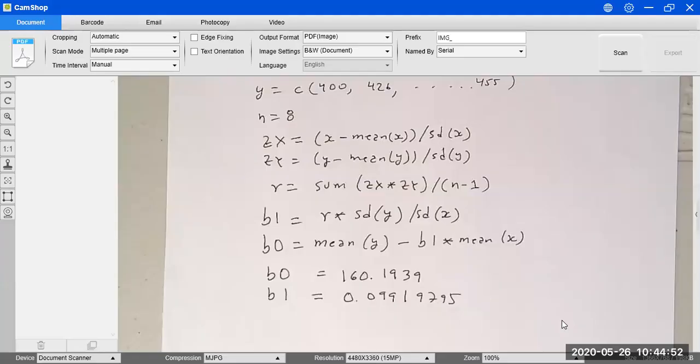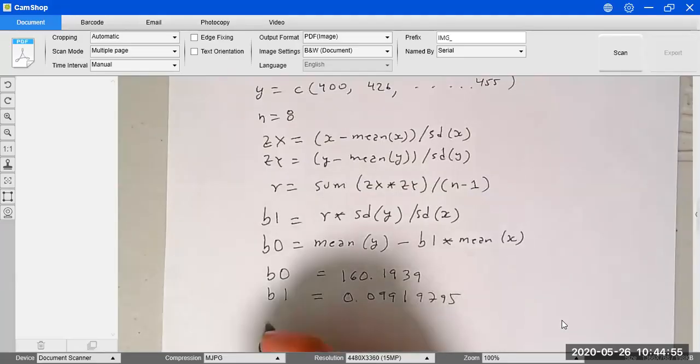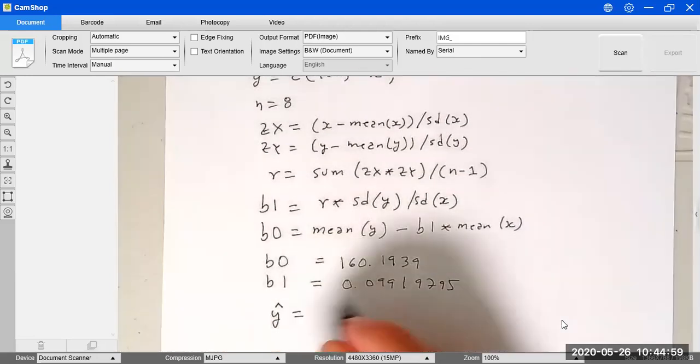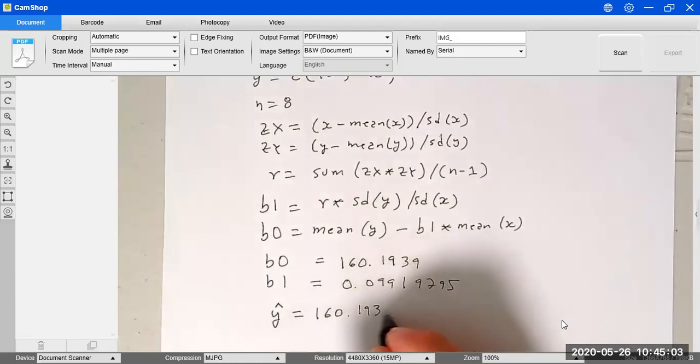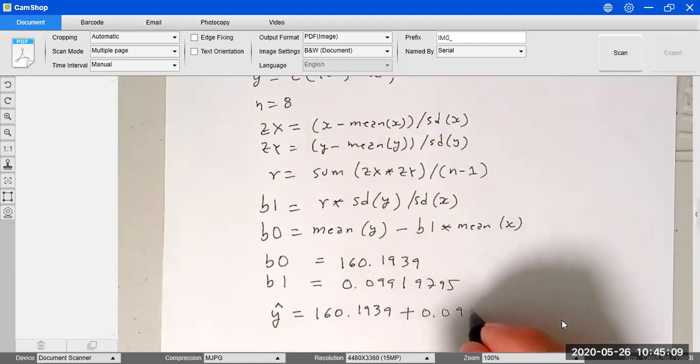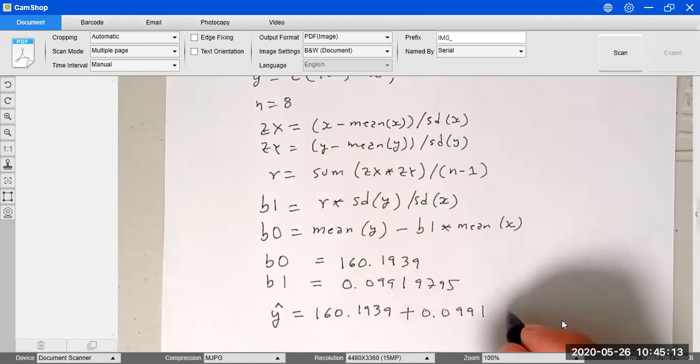So now we're going to be able to write y hat is going to be v0, 160.1939, plus v1, which is 0.0991, times x.